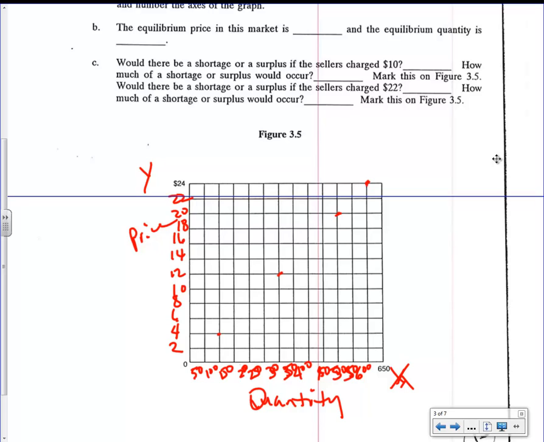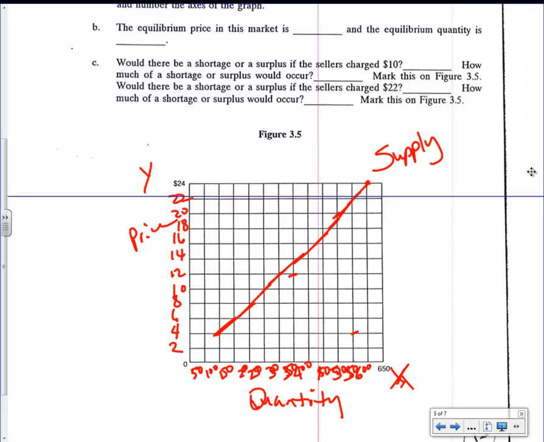So here we go with our supply curve. Supply curves are always up to the right. When the price is $4, the quantity demanded is 550. When the price is 12, we have 350.